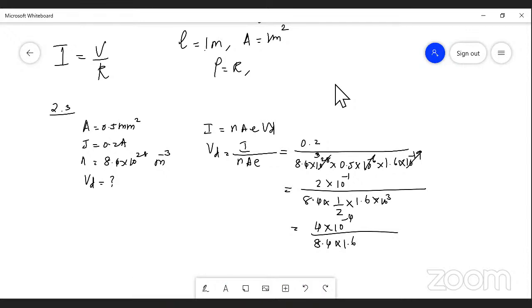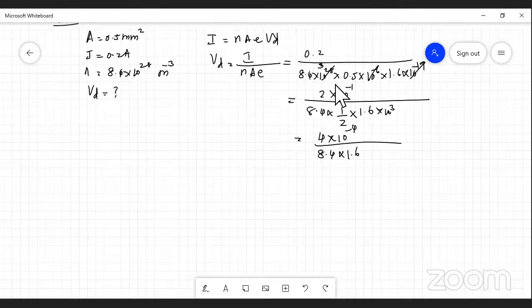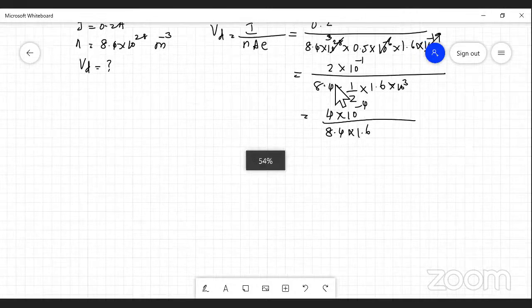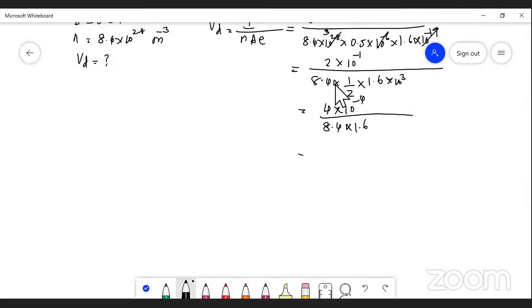Simplifying further, if 4 is cancelled, this is 0.4, so 1 into 10 power minus 4 divided by 8.4 into 0.4.